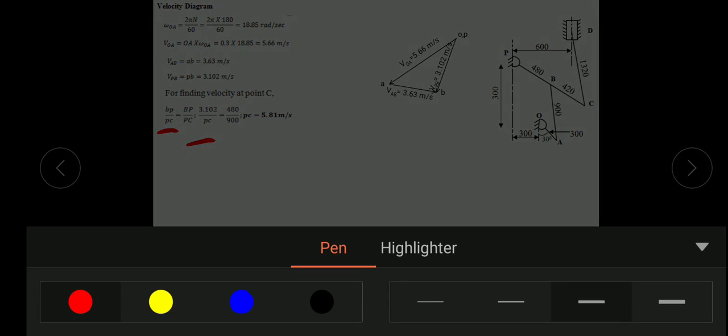That is the velocity diagram here, and the space diagram there. That's the only difference. So the same ratio can be used, and the final value of PC will be 5.81 meter per second. So we need to extend this line till PC equals 5.81.